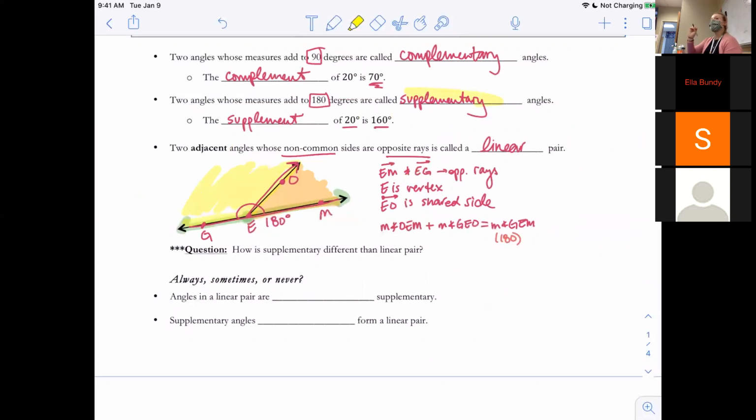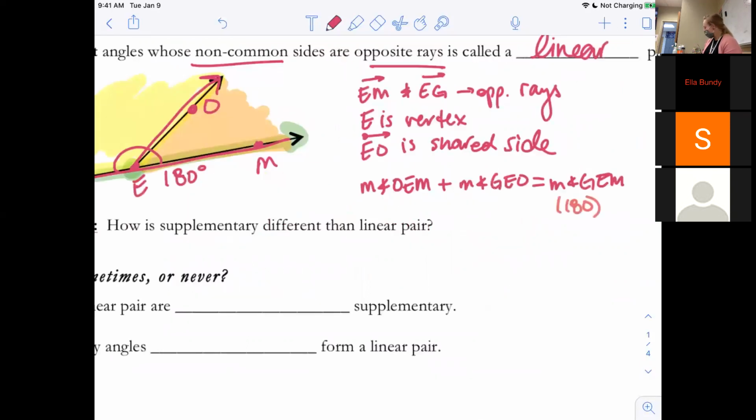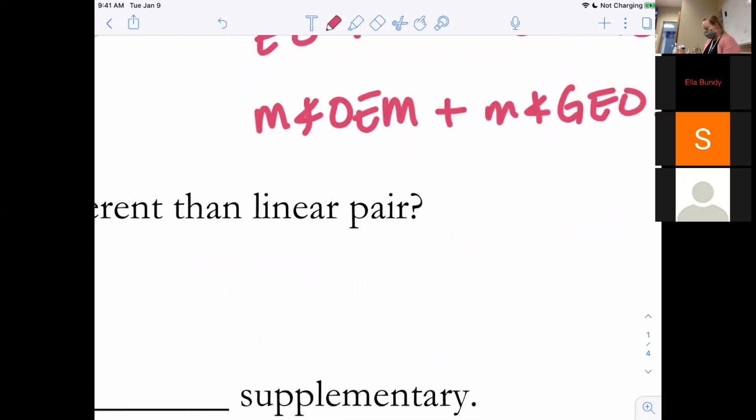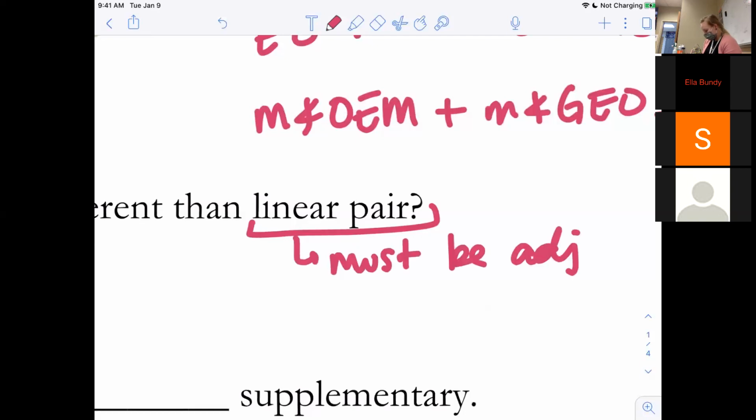Linear pairs have to be on a line. That's the definition essentially of a linear pair. There are two adjacent angles on one line. Supplementary doesn't have to be. So I'm going to write for linear pair, they must be adjacent and on one line.